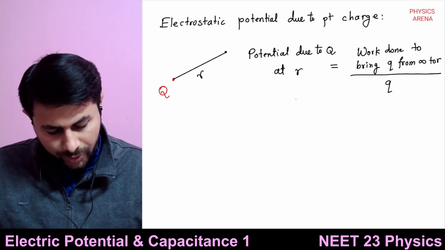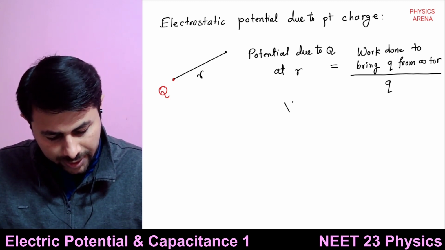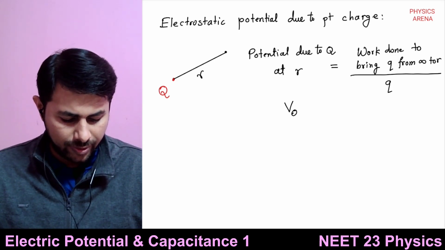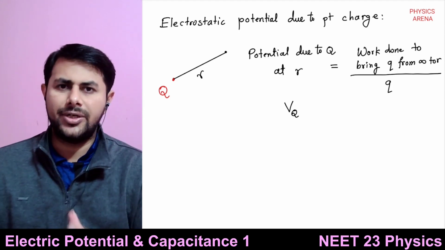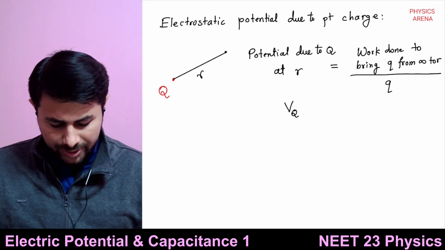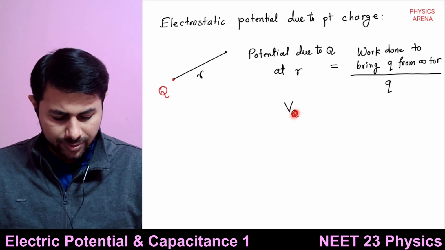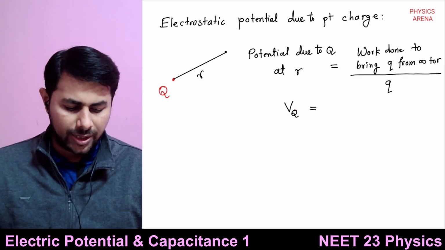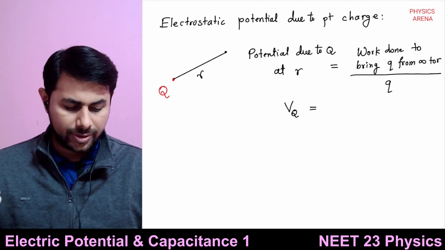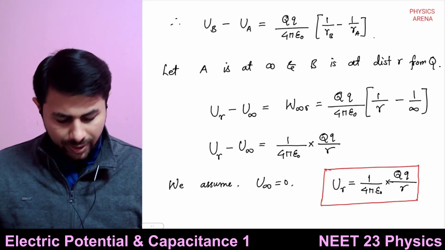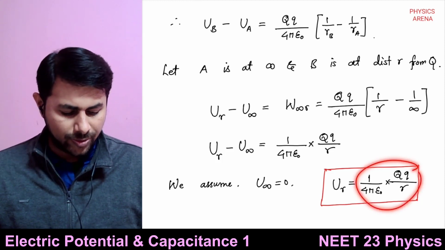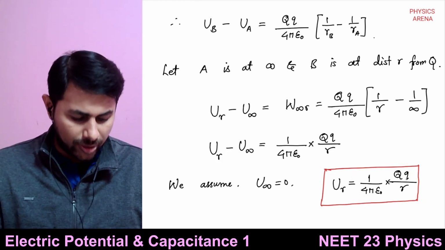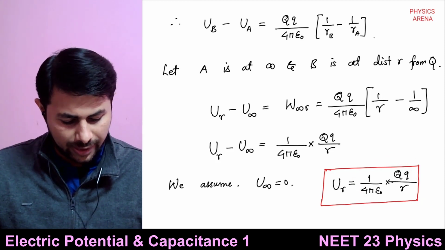Okay, so potential due to capital Q is denoted as V due to capital Q. It is denoted as V, and because of this charge capital Q, we have put the suffix capital Q. So it is equal to work done to bring a charge small q from infinity to r. We have calculated it. It is 1 upon 4 pi epsilon naught q times small q upon r, right?